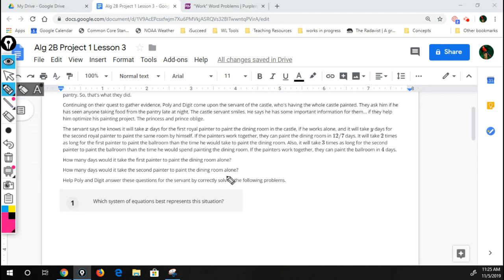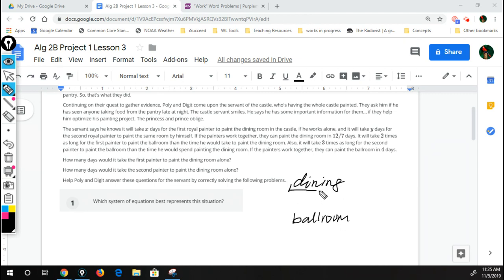We have information about the dining room. And we have information about the ballroom. So those 2, that's going to classify my 2 equations.